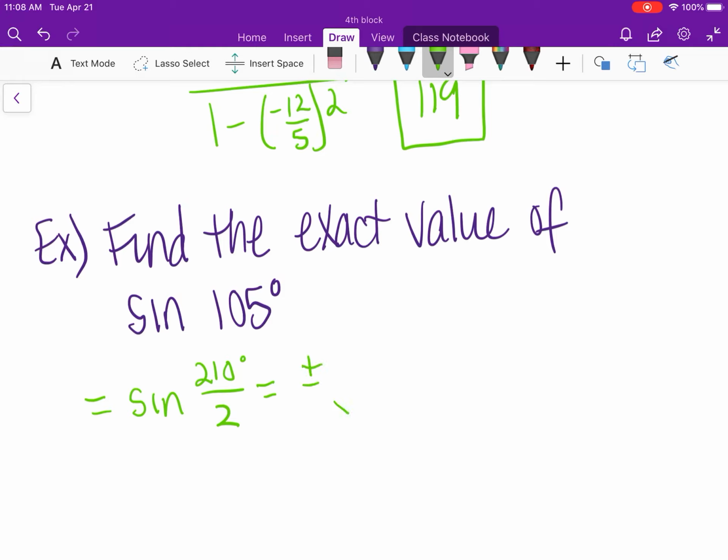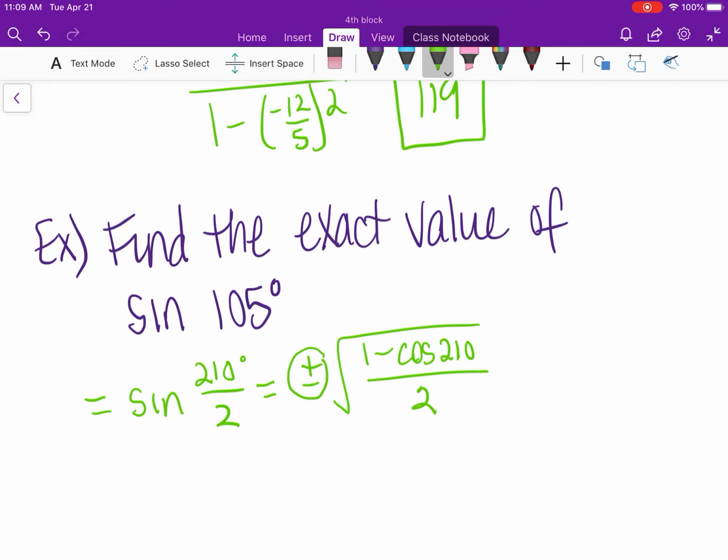And so that's equal to plus or minus the square root of 1 minus the cosine of u. Well, now my u is defined as 210 because that's what I plugged in there to get my 105. So I put 210 here and then all over 2.